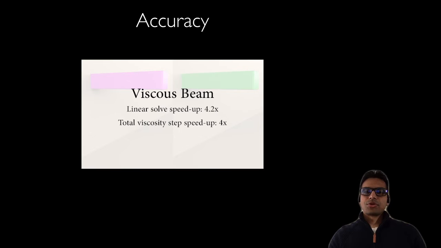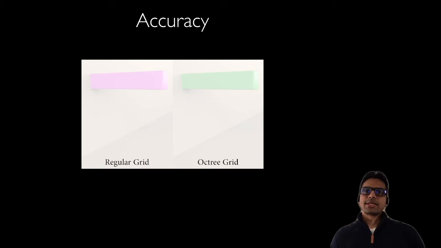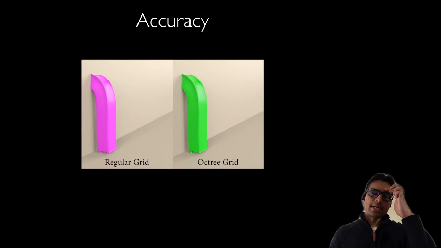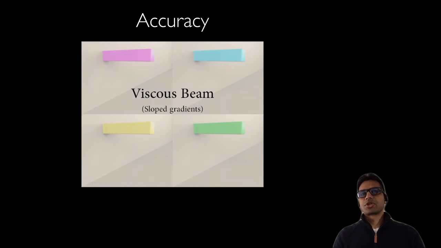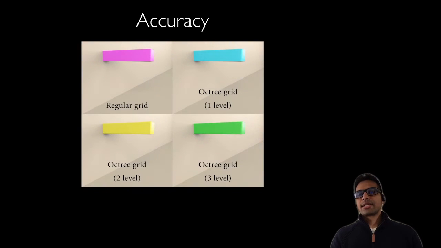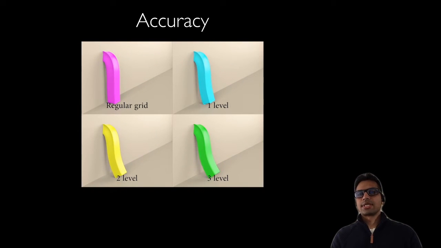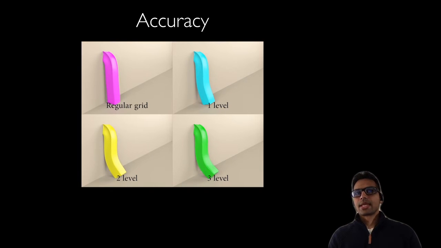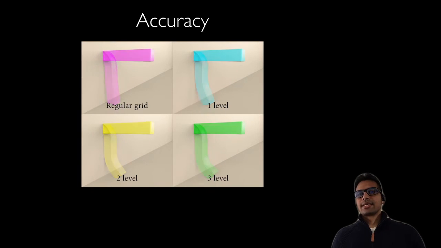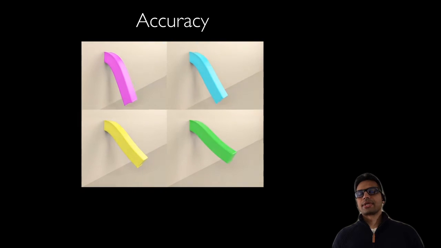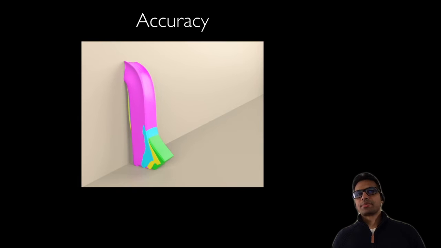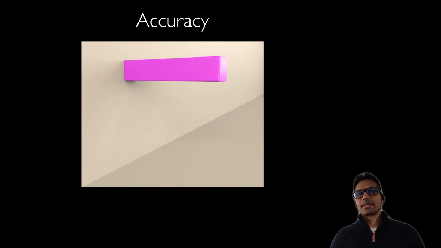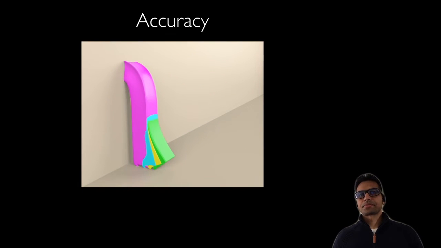So it turns out that you have to be a bit careful when you compute the solution, because if we are not careful and the accuracy of the operator is only till first order, then it can actually lead to stiffer solutions as you keep coarsening the resolution. So as you can see, the green solution that has three levels of refinement produces a beam that is much stiffer compared to the pink solution, which is the uniform grid solution.